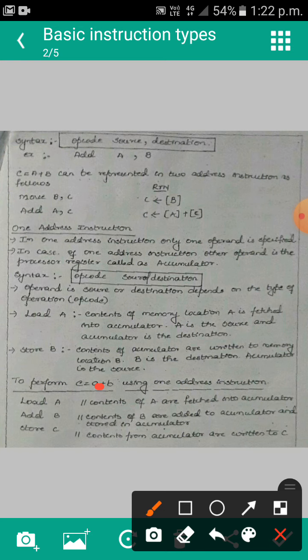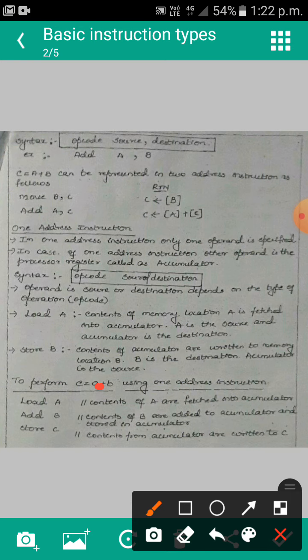For any operation, we do not mention the other operand, because the accumulator exists by default. Add B means the content of B is added to the accumulator and the result is stored in the accumulator itself.